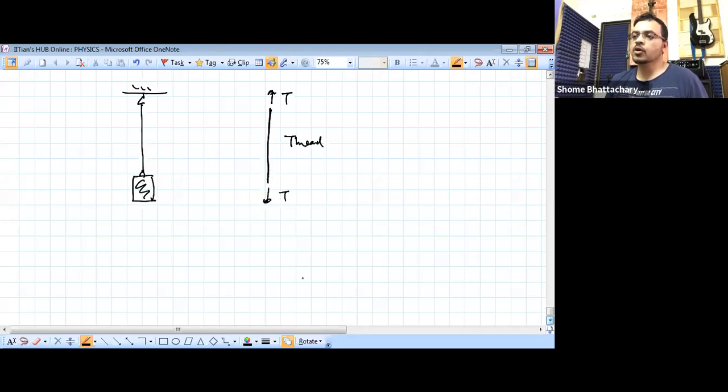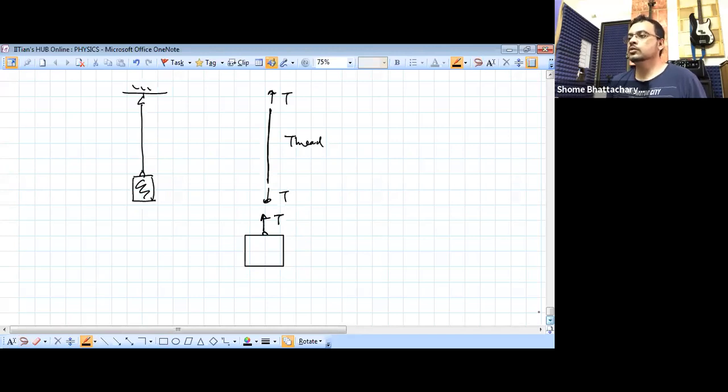Whereas if you look at the block, now the block through the hook is experiencing an upward force. And that upward force is equal to the tension, because this and this are in action reaction.